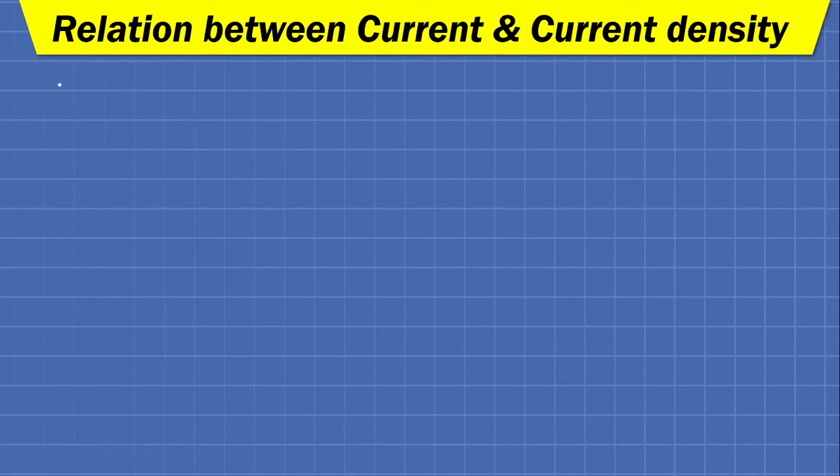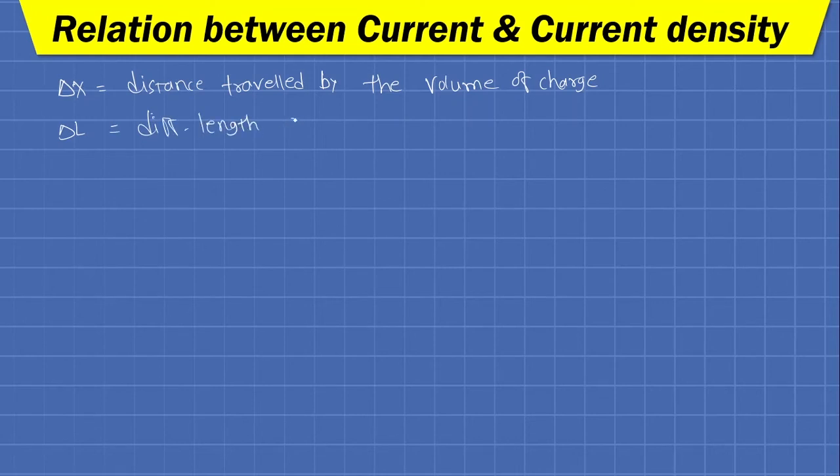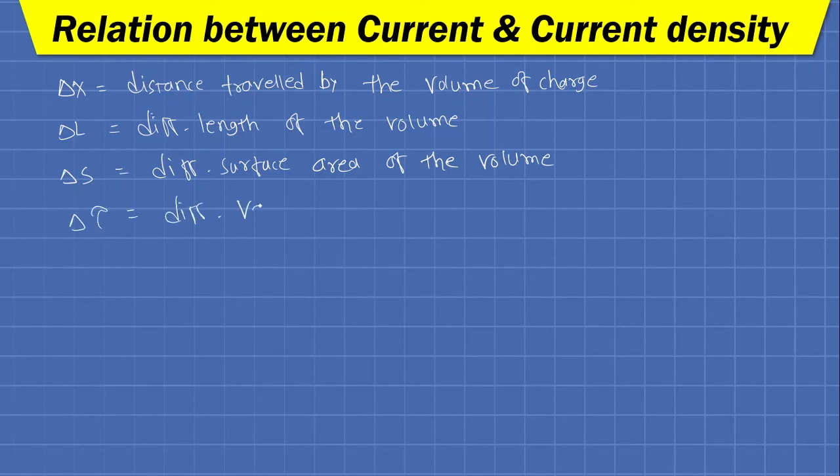In this case, delta x is the distance traveled by the volume of charge, delta L is a differential length of the volume, delta S is the differential surface area of the volume, delta tau is the differential volume itself, which can be treated as delta S into delta L.